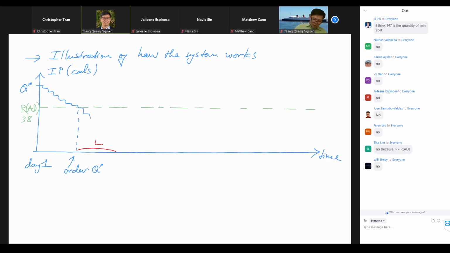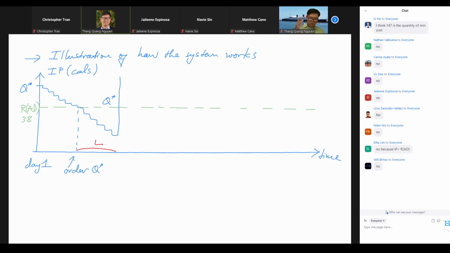So during that time, the remaining stock continues to go lower and lower every day, because the customer still buys, right? And then at the end of the lead time, we receive the delivery. So our inventory jumps up like that. Okay, by how much? By Q star.